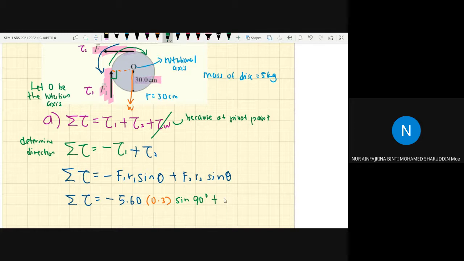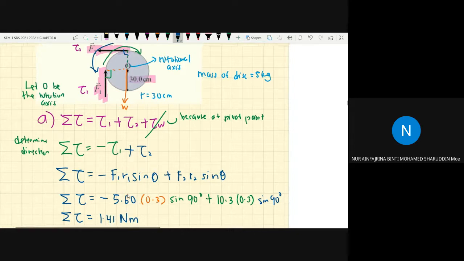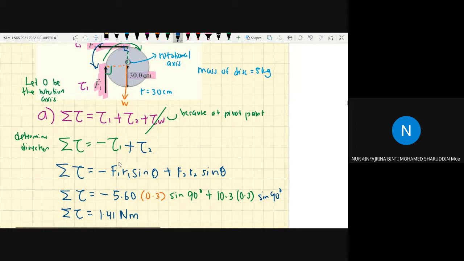F2 given in the question adalah 10.3. And then distance dia pun sama, 0.3, sebab radius dia kan. Angle dia pun sama iaitu 90 degree. You tekan calculator, you akan dapat summation of torque equals to 1.41 Newton meter. Okay, boleh? Boleh faham tak guys?